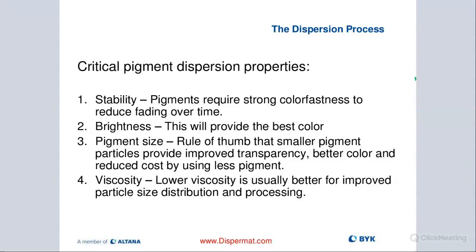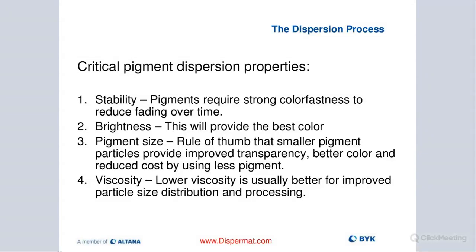So it's really important to keep in mind that when we reduce the particle size and we do a proper dispersion, it's really important that we have good stability. Pigments require strong color fastness to reduce fading over time. Our brightness will be improved dramatically, so this will give us also a much better color.